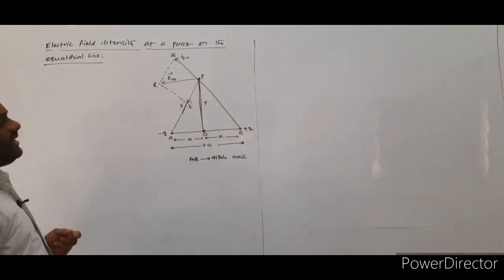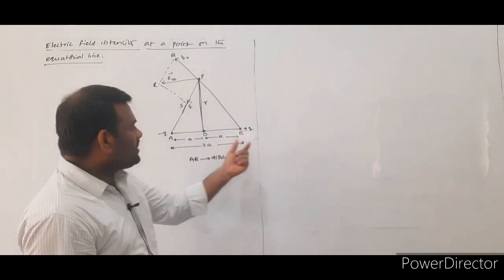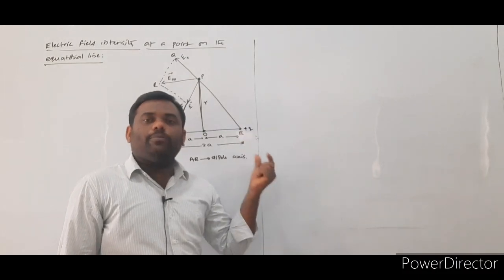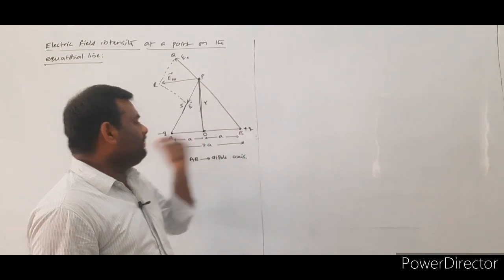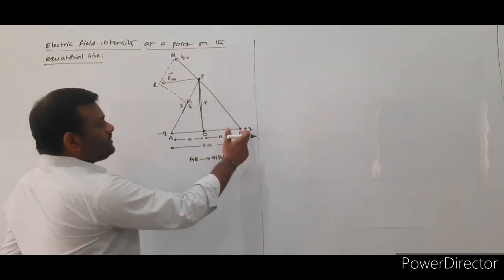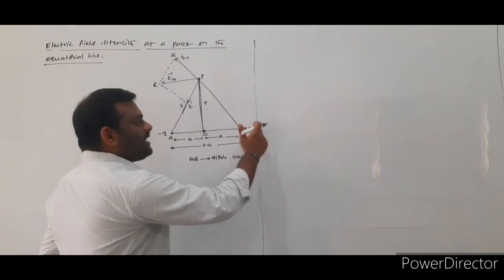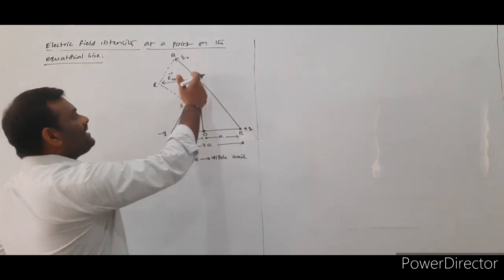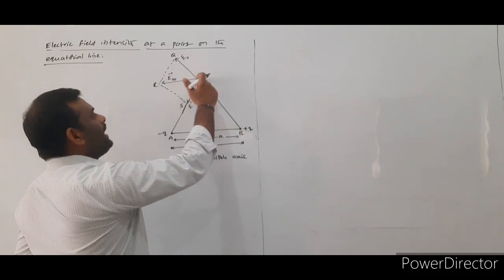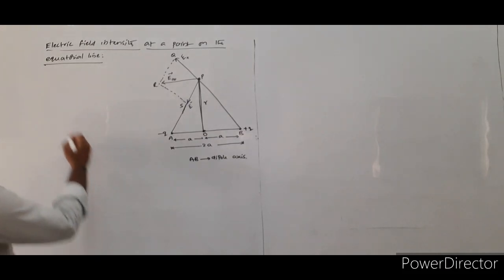So, first I consider the positively charged particle. The positive charge plus Q is located at the point B. Due to this positive charge plus Q, whatever electric field acts at the point P will be represented by E plus. What does E plus denote?